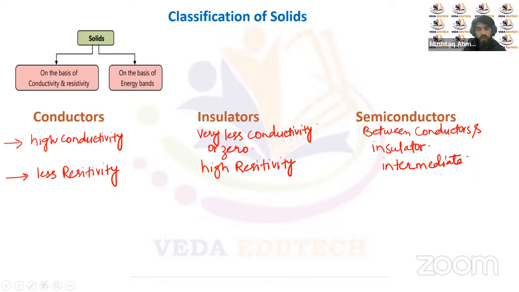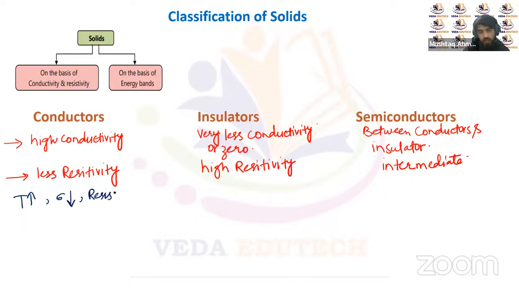So when we increase the temperature of insulators, there is no effect; their conductivity still remains the same, right? But when we talk about the conductivity of conductors on increasing the temperature, the conductivity sigma actually decreases, or we can say their resistance increases.